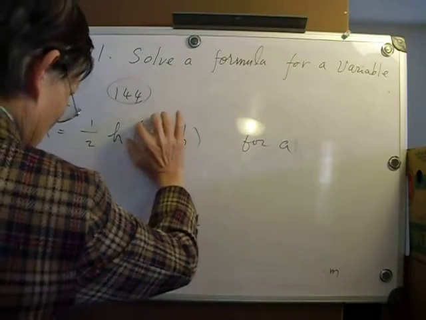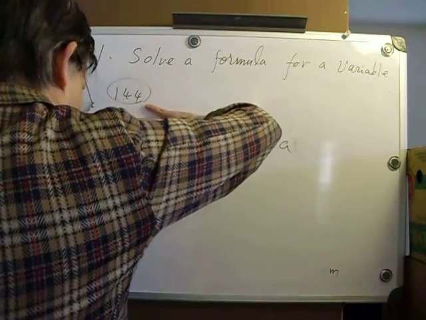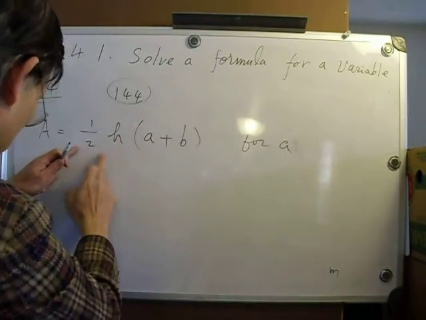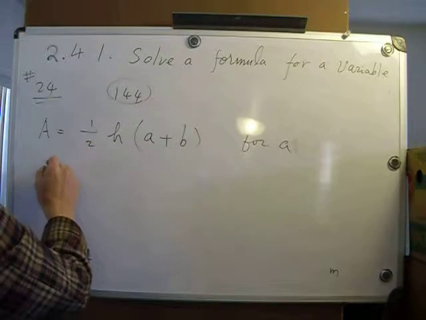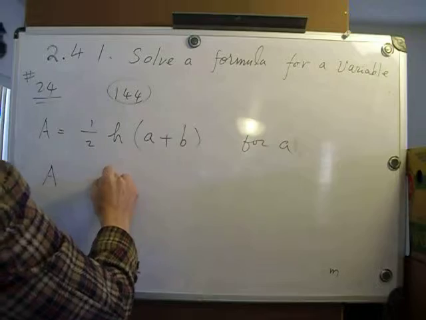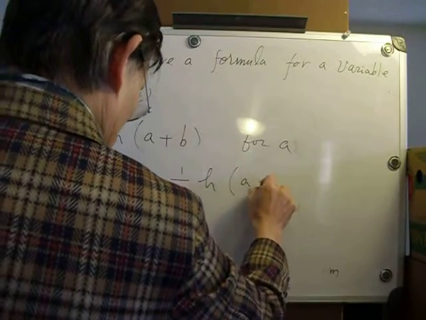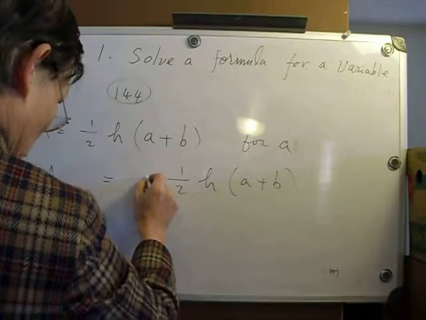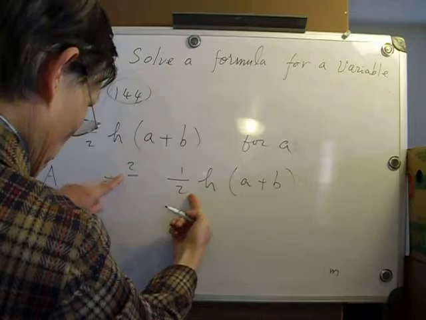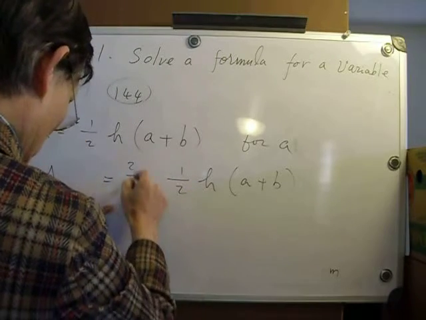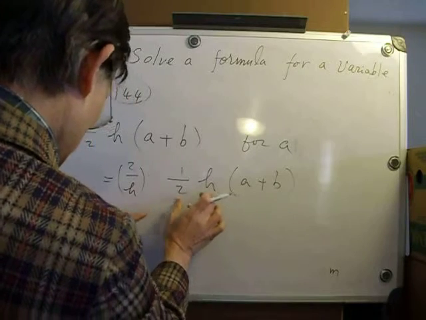Since this is the variable here, never try to solve this first. You just treat this as a black box. How do you undo this 1/2 h? You can multiply by 2 on both sides. So this is 1/2 h, a plus b. You multiply by 2 to undo this 2, and then divide by h. You can see this is like a multiplicative reciprocal to undo this.